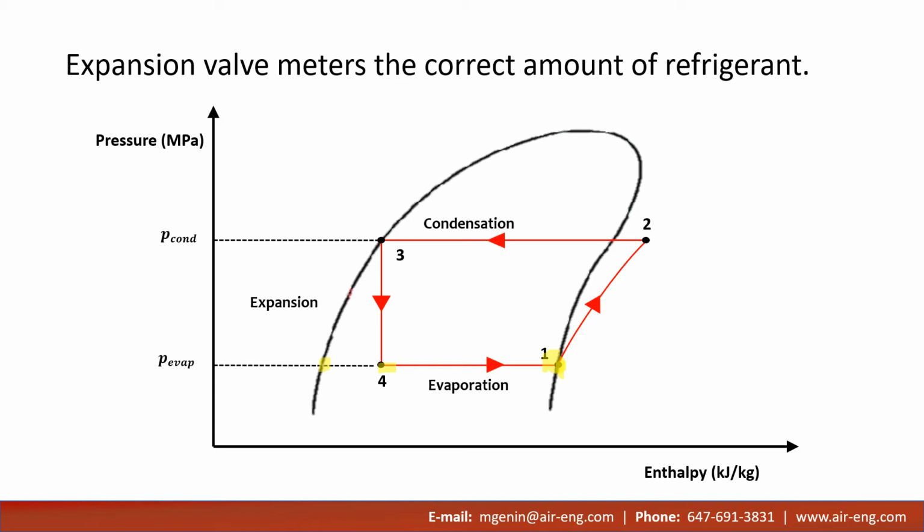So point 1, we call it the saturated suction temperature. It might be a good idea to heat this refrigerant up a little bit more just to ensure that when it enters the compressor, it is fully a gas and there are no droplets remaining.